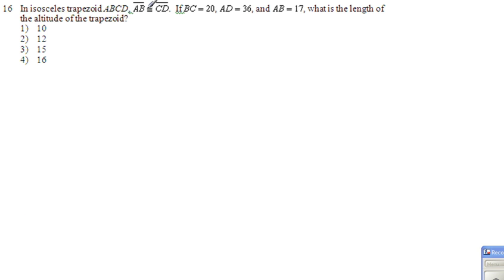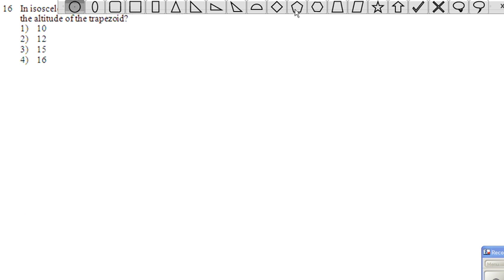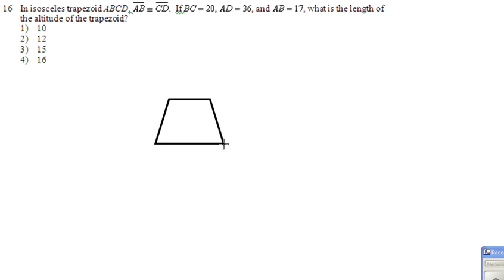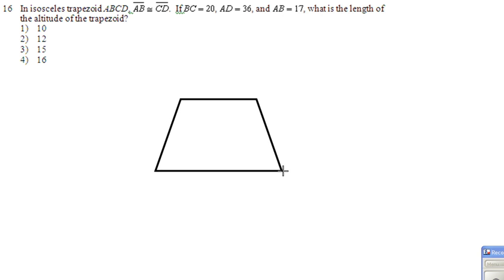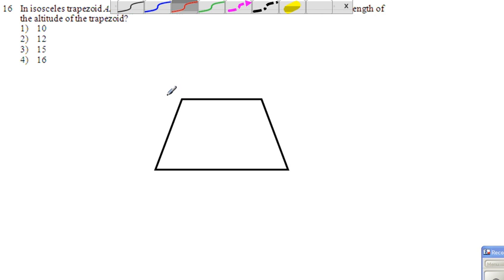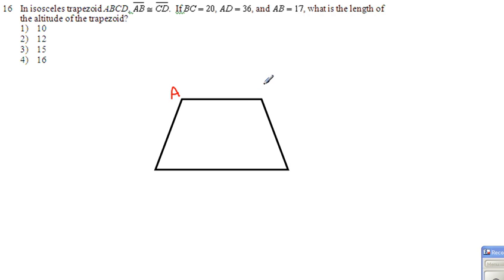Number 16, an isosceles trapezoid ABCD. Now then, here we have A, B, they have to be equal to each other, so I'm just going to write B over here.